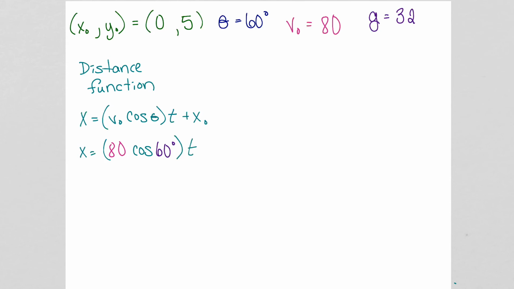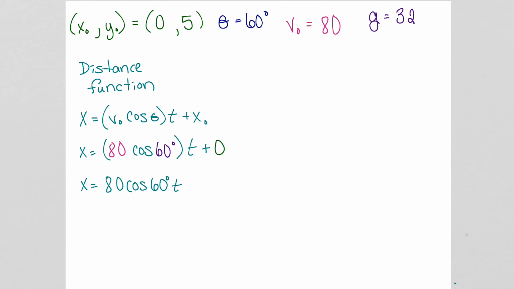T, we're keeping it in terms of t, plus x naught, which was 0. So now we can simplify that a bit. It'll be 80 cosine 60 degrees t, because no 0 there.